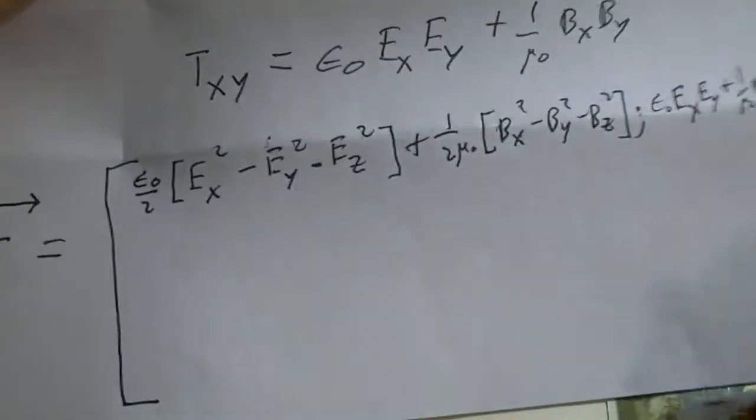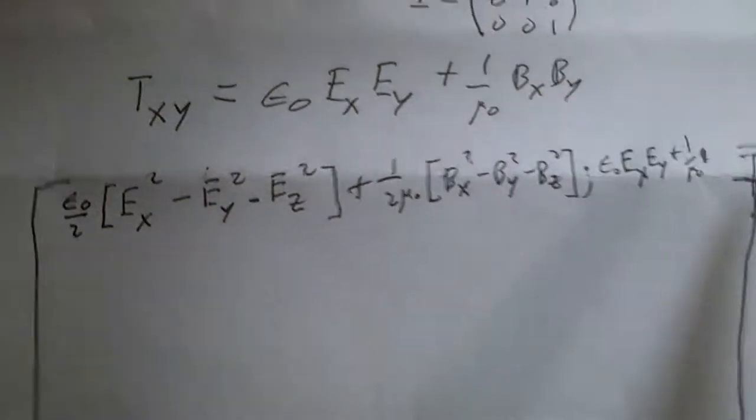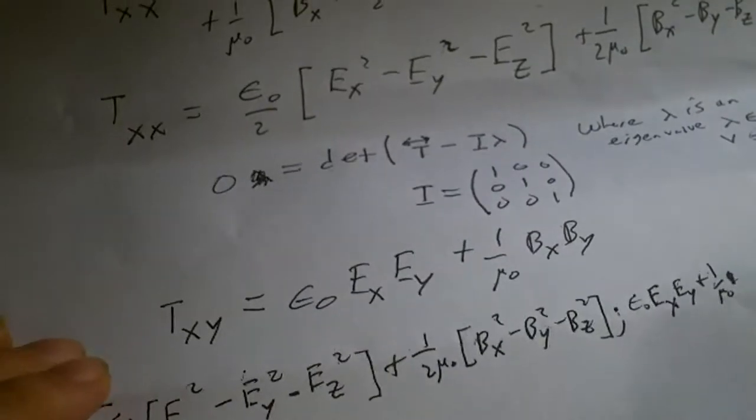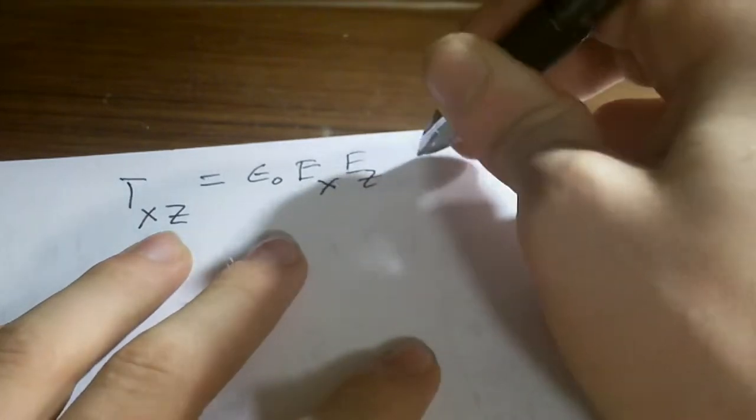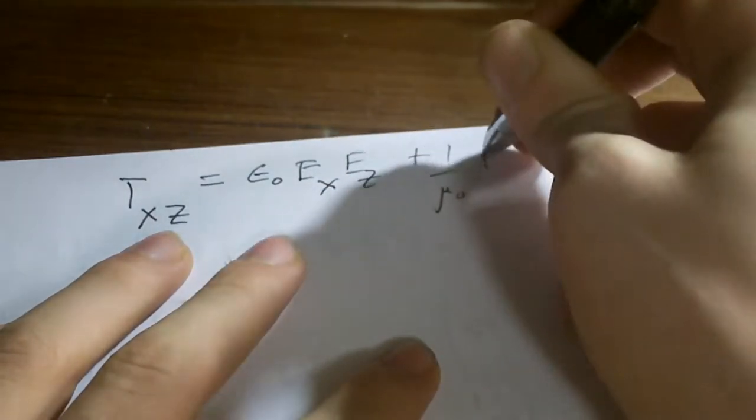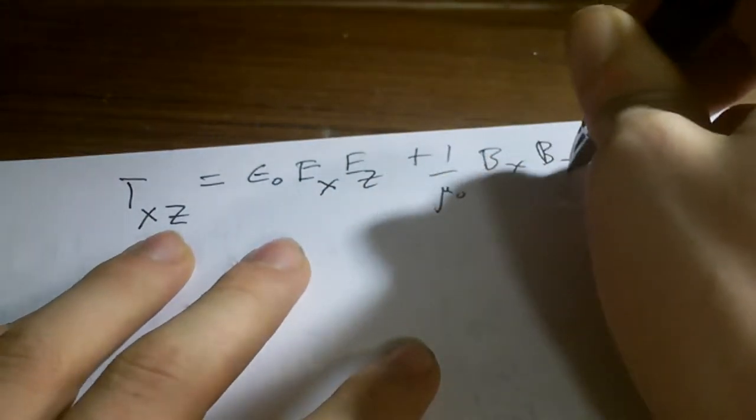Just show it for Txz, because this is a really long matrix. So Txz is equal to epsilon sub naught of Ex times Ez plus 1 over mu naught of Bx Bz.